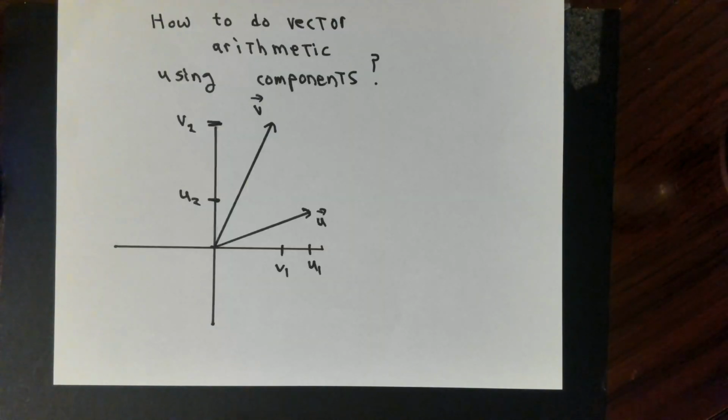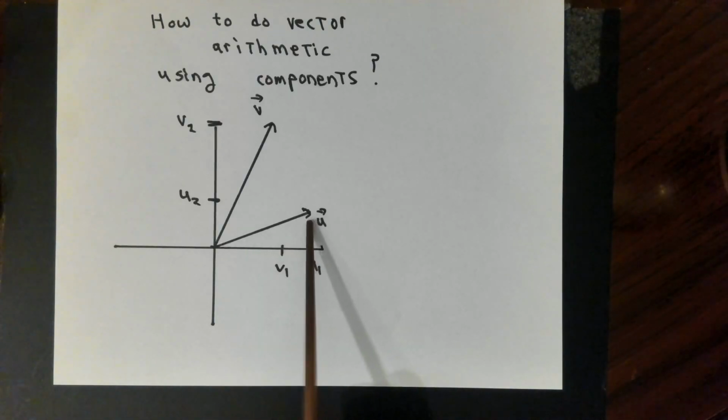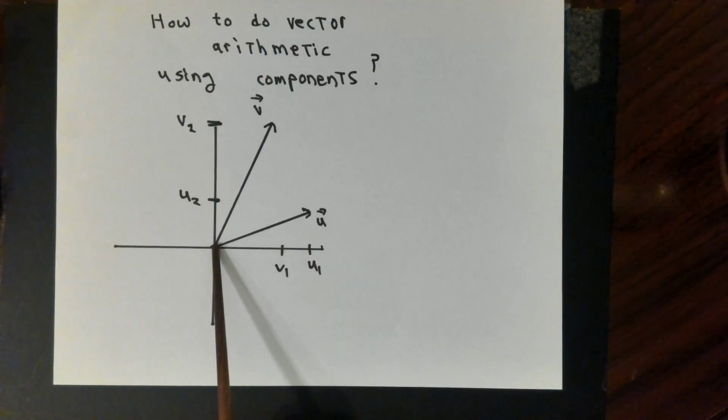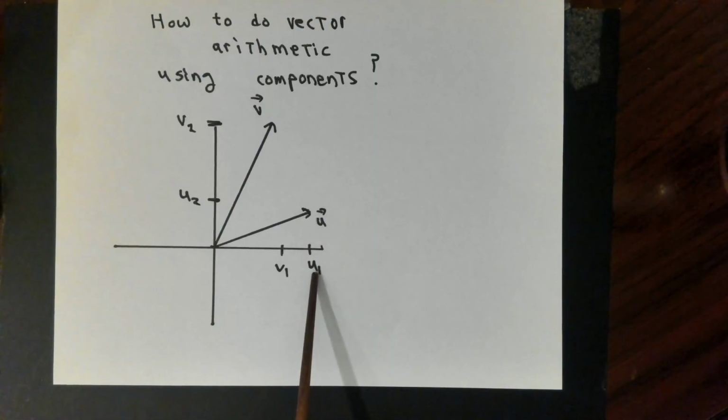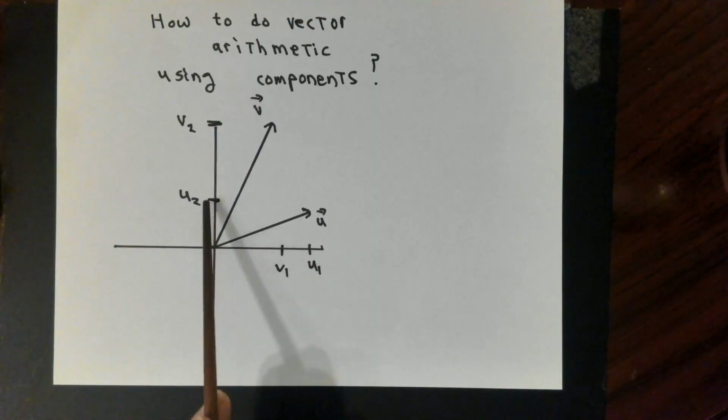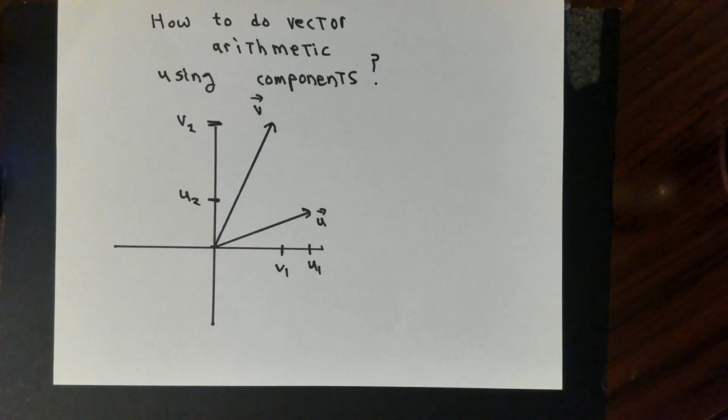Other than geometry, very often we would like to do vector arithmetic in terms of numbers, just as we do in ordinary algebra. Imagine that you have a vector u in standard position. The endpoint of u has coordinates u1 and u2. Vector u is bracket u1, u2. Likewise for vector v.